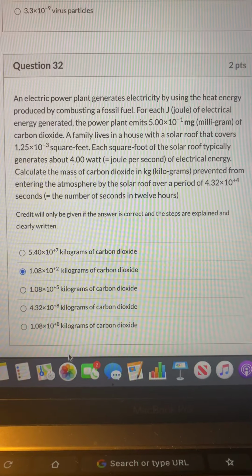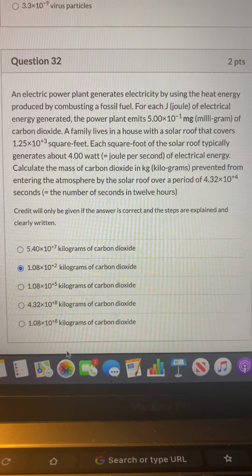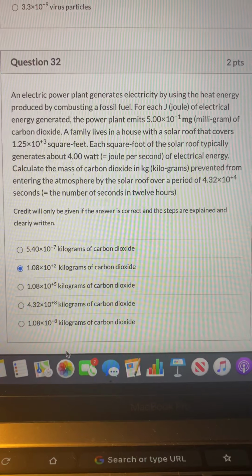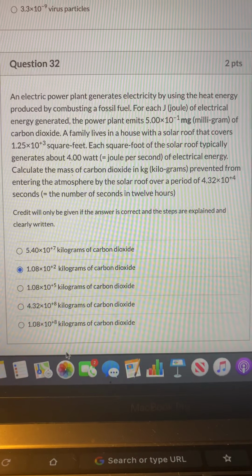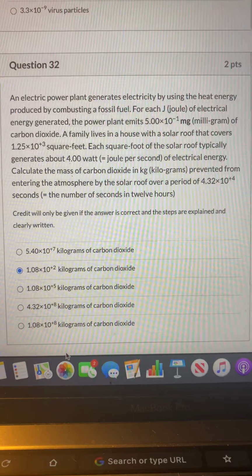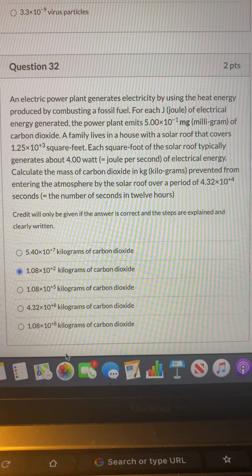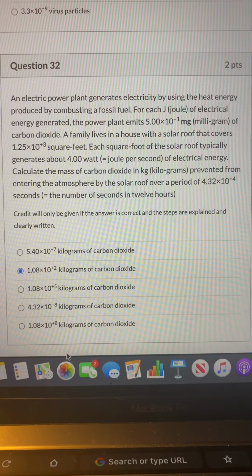Each square foot of the solar roof typically generates about 4.00 watts, joules per second, of electrical energy. Calculate the mass of carbon dioxide in kilograms prevented from entering the atmosphere by the solar roof over a period of 4.32 times 10 to the 4th seconds.